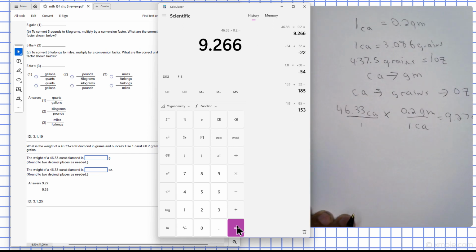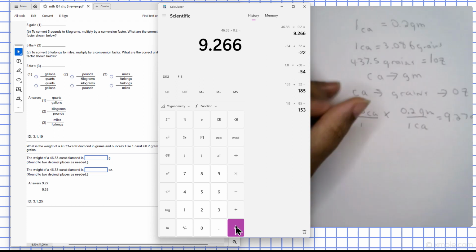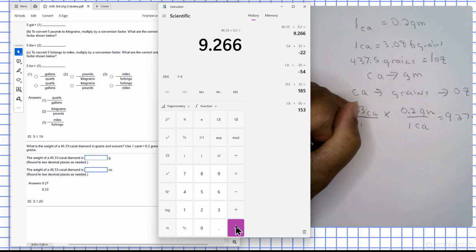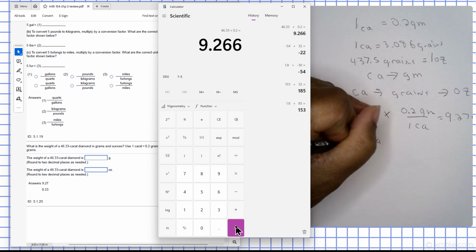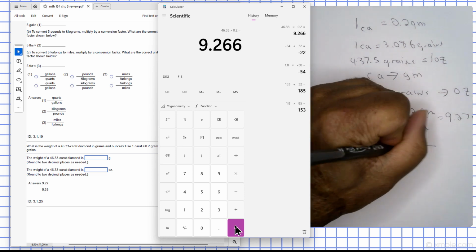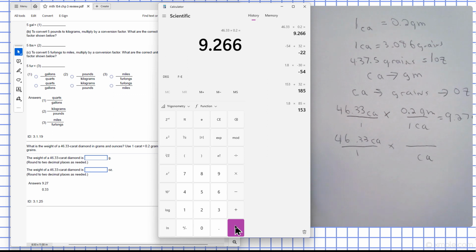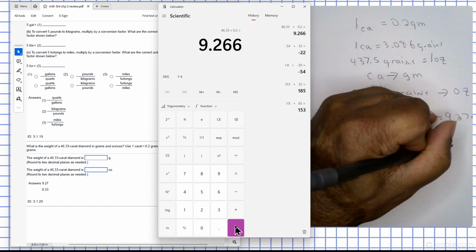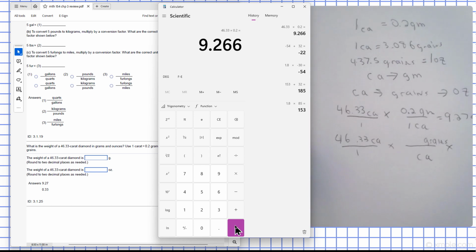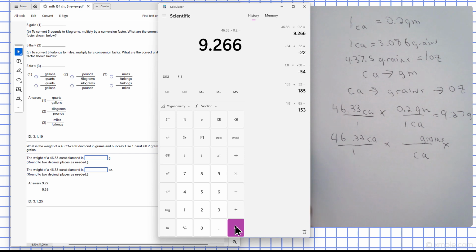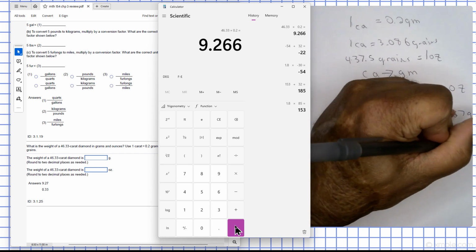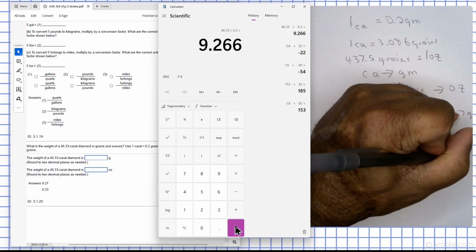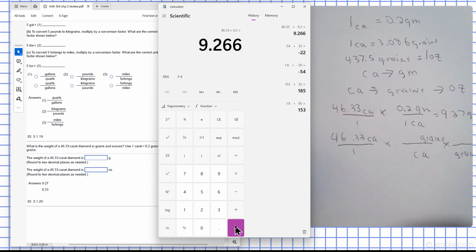Then they want us to convert from carats to grains, and then from grains to ounces. So let's look at this thing together. You have 46.33 carats. We want to get rid of carats, so create a cancellation there, and replace it with grains. And we want to get rid of grains and replace it with ounces.